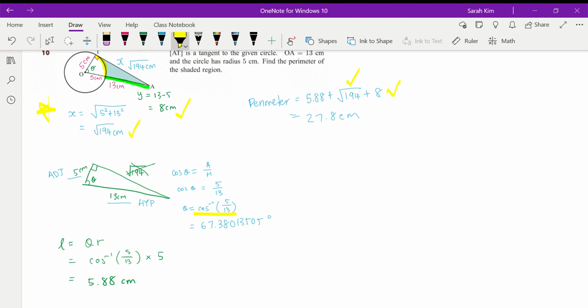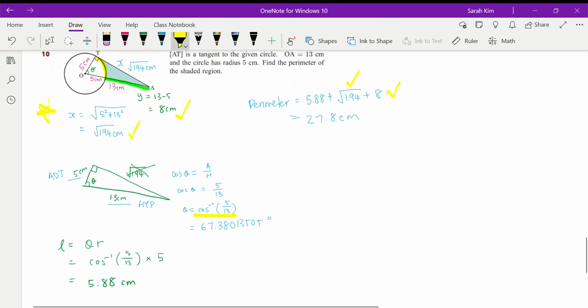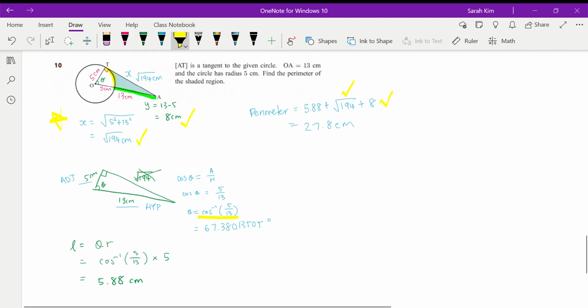I keep getting the same answer. Where did I go wrong? 13 take 5 is 8. 5 centimeters, 13 centimeters, so find that angle. Adjacent over hypotenuse.